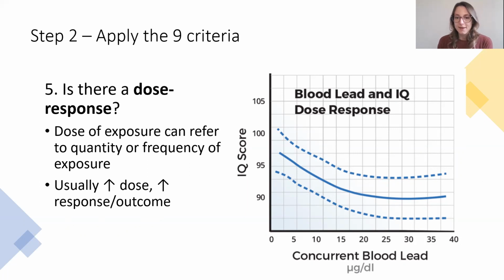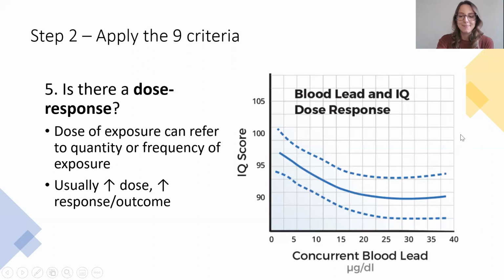So you see there that as you have more lead in your blood levels, the quantity of lead per blood, the IQ levels decrease. So what kind of relationship is this? Is this positive or negative? Negative. Yes, correct.